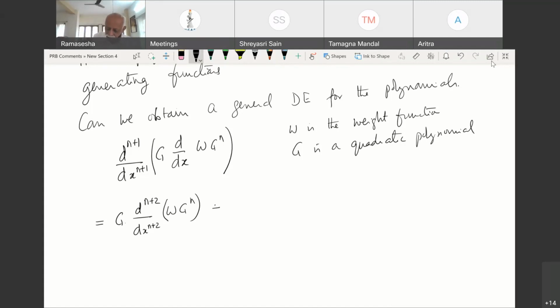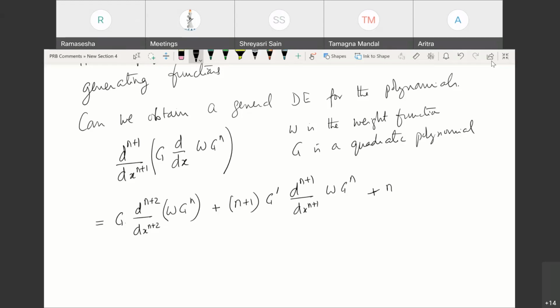The second term that I get is n plus 1 times G prime times d to the power n plus 1 upon dx to the power n plus 1 of W G to the power n. The third term, where I differentiate G twice, gives n into n plus 1 by 2 times G double prime times d to the power n of W G to the power n.